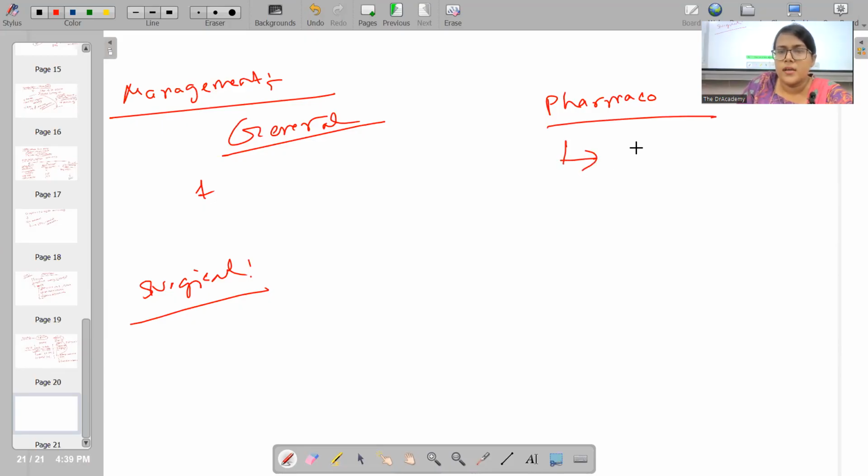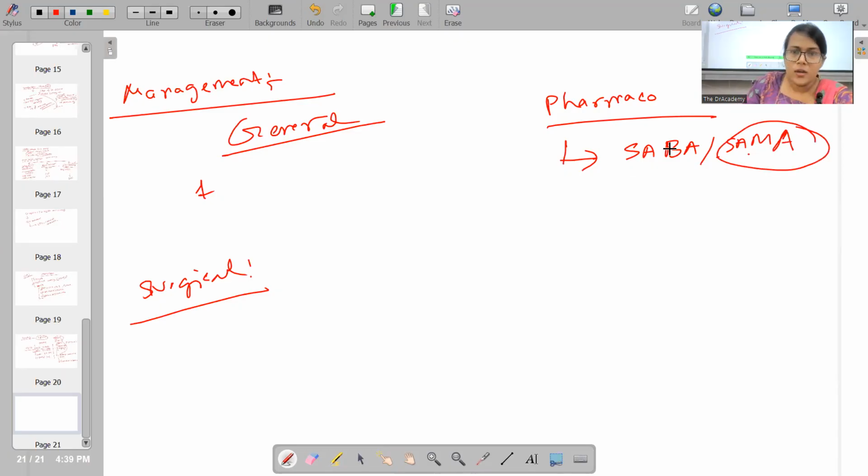Among the pharmacological management, an important one is that as a first line, you can consider either SABA or SAMA, which is short-acting muscarinic antagonist, okay? So these are the first line. From there, if the patient is having even one episode of exacerbation or still showing signs and symptoms, then you can divide the treatment considering the FEV1.